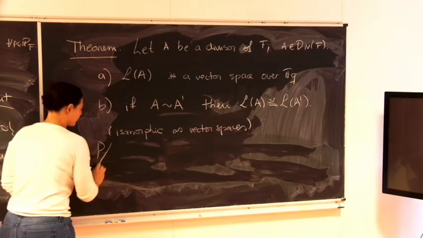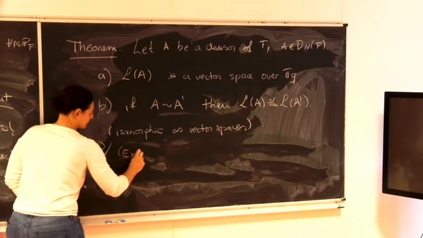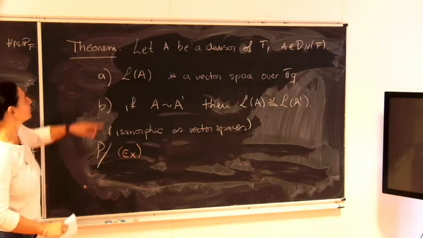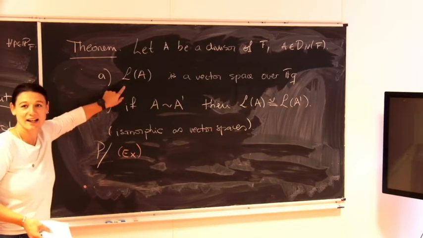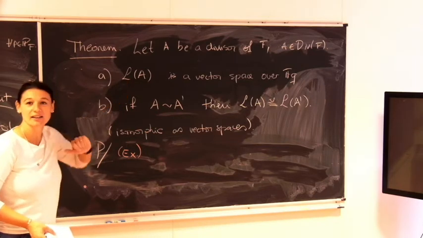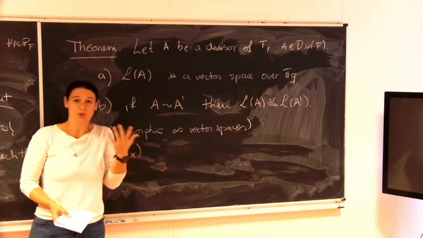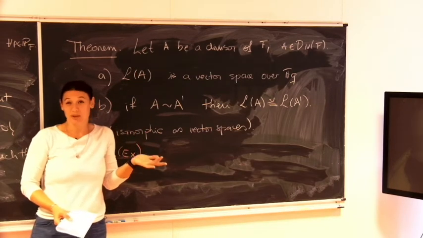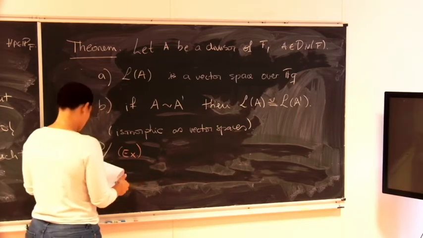And the hint to prove this is going to be an exercise. Well, to prove that this is a vector space, you just need to take some element inside here, multiply by a constant and see that it's inside there. So you have to just work with evaluations, and the same with two elements.